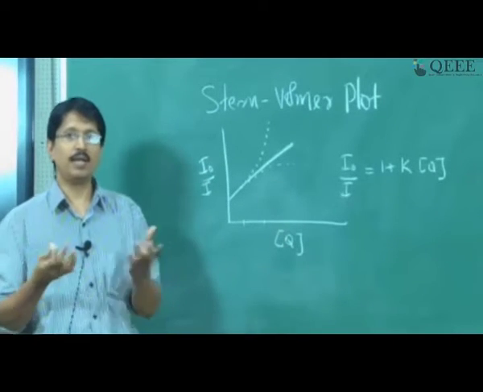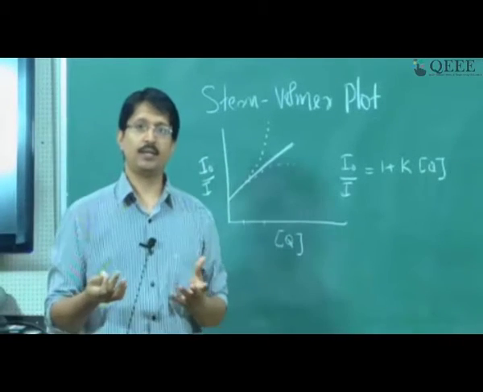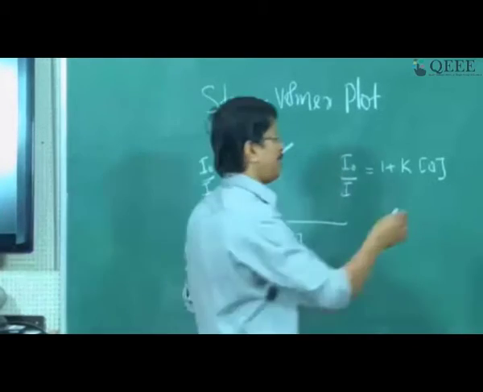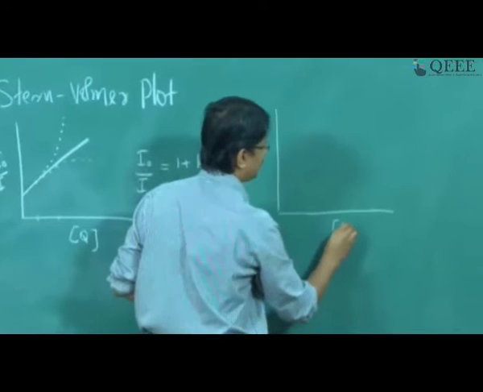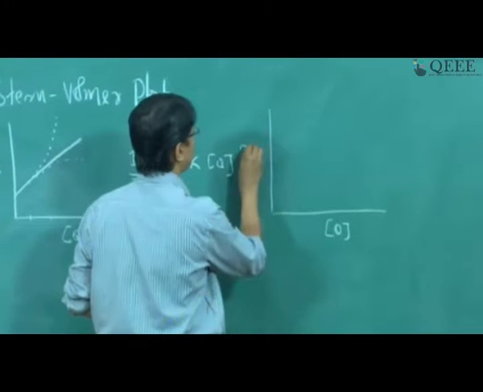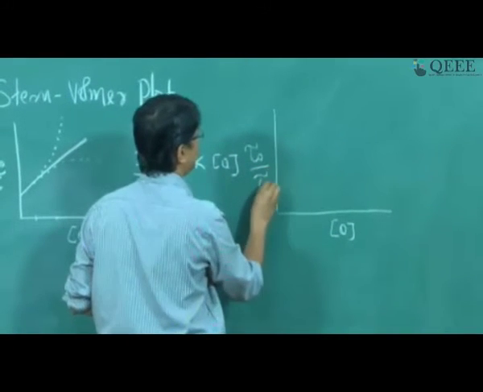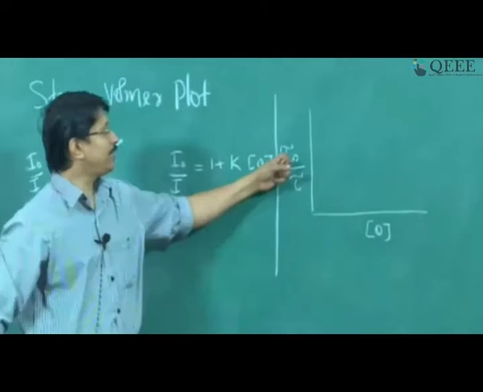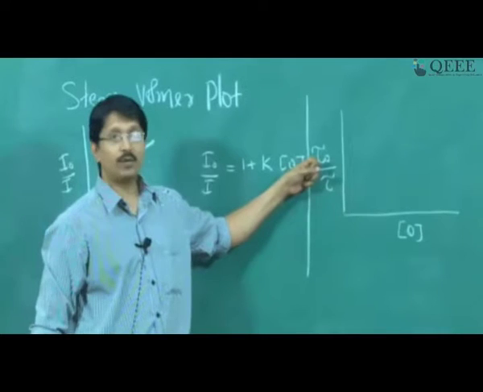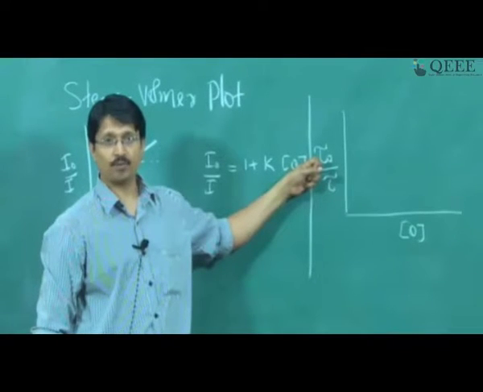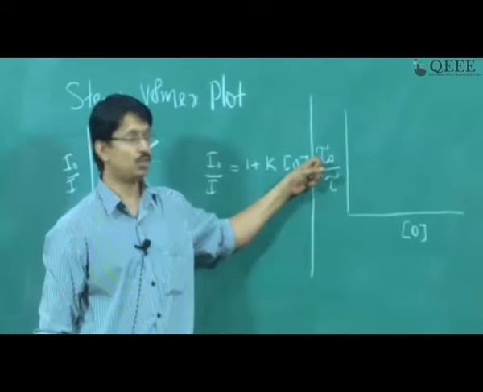If you want to really understand what is happening, we need to talk about lifetimes. So a similar kind of plot where instead of intensities, we can plot tau 0 by tau. Tau 0 is the lifetime of the fluorophore in the absence of the quencher.